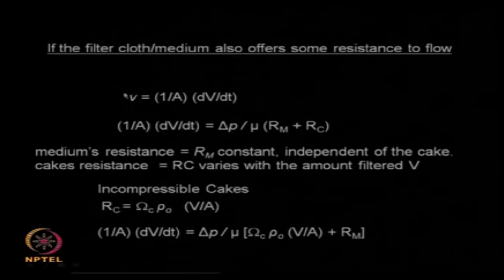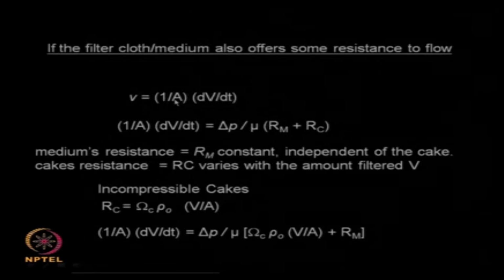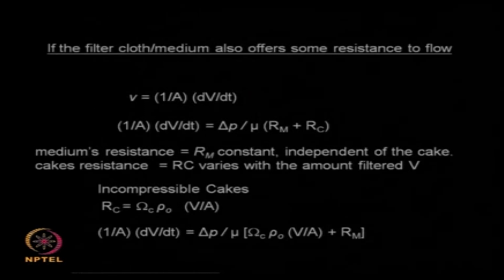So let us look at it again. As you know, v equals 1 by A dV by dt, where A is the cross sectional area or the area of the filter setup, V is your volume of slurry that needs to be filtered, t is your time, and small v is your velocity. Okay.